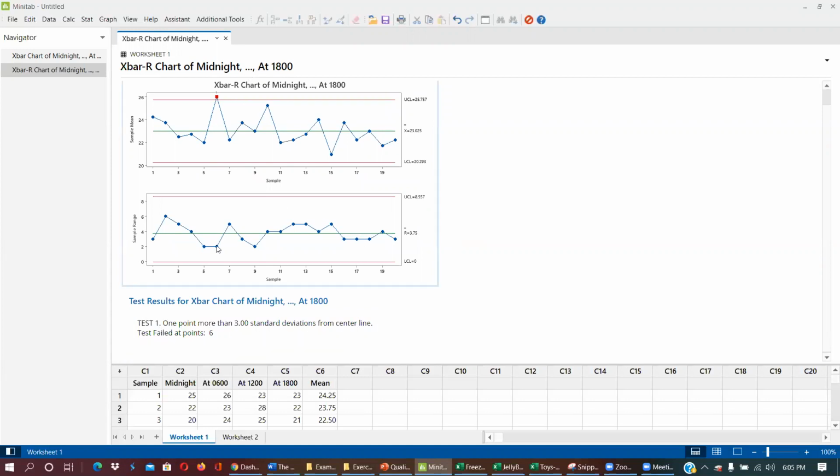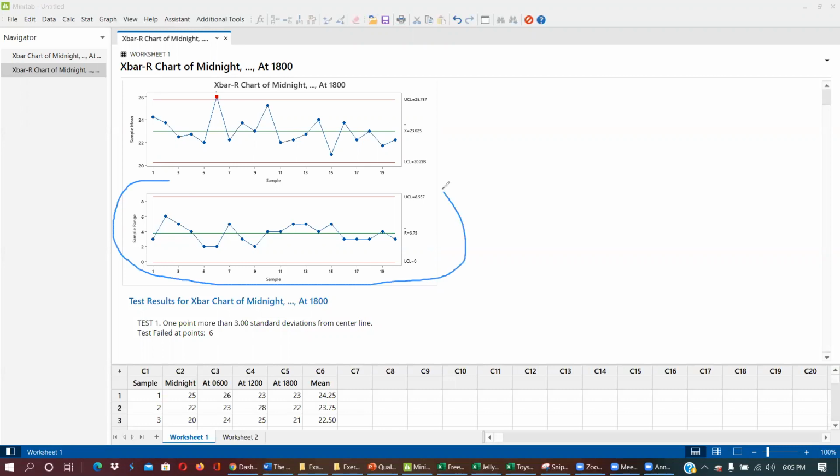Here you can see this is the sample, this is the range. Range is in control. In this chart, this is the range, within control.